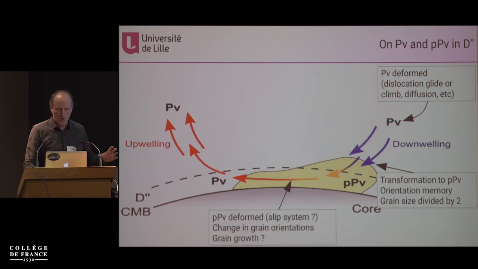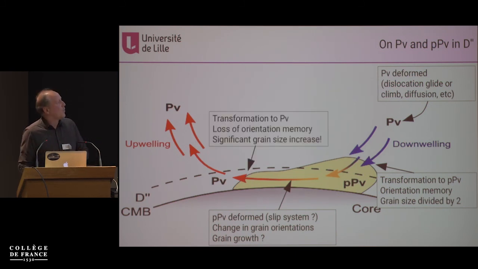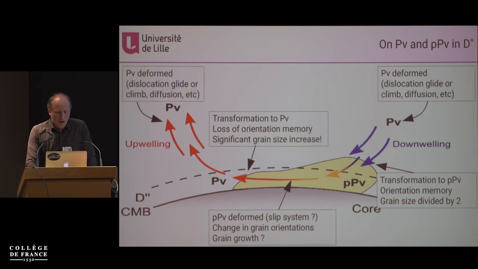Along the core-mantle boundary, post-perovskite will be deforming, moving, and rotating through its own deformation mechanisms. But as you go into perovskite again in a hot region of the mantle, I think you will lose everything. You will lose the history of what was happening before, and your grain size will actually go up. And then perovskite will live its life in the mantle.